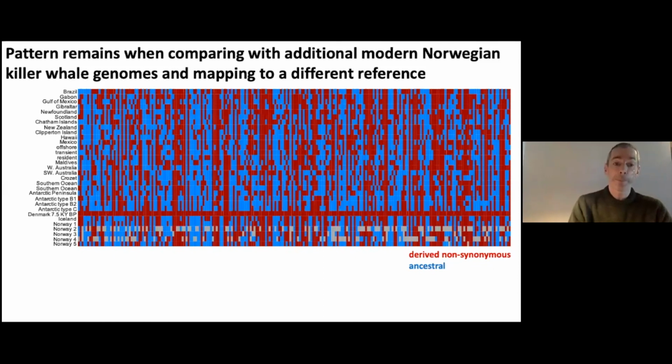We also see, so here we're just looking at alleles which are in the derived non-synonymous state in the ancient sample, and we can see that they are shared globally, maybe not amongst every individual, but we can see that really what we're looking at is standing variation that's present in the global population data set.